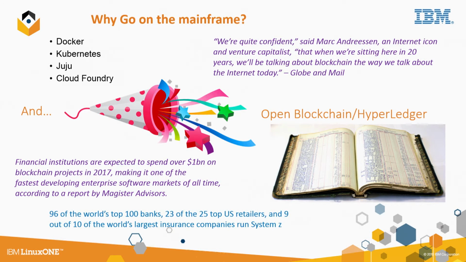Did I mention that 96 of the world's top 100 banks and 23 of the 25 top US retailers and 9 out of 10 of the world's largest insurance companies are already running their businesses on Z? And they're going to be wanting to run blockchain. They're already expressing interest in blockchain, much as a deer expresses interest in the headlights of an approaching car. So this is going to be big. This will be a very important application.